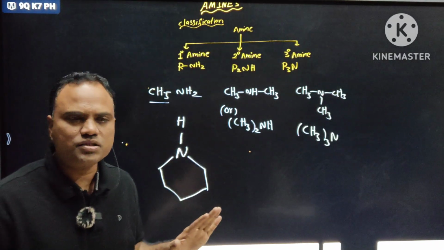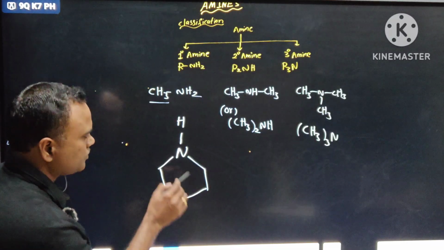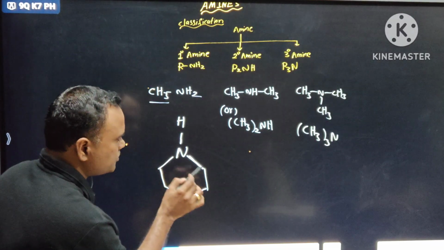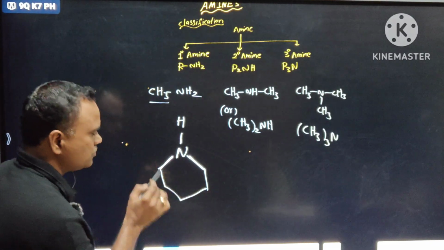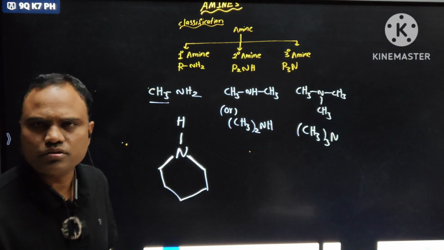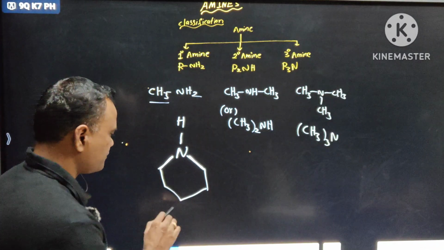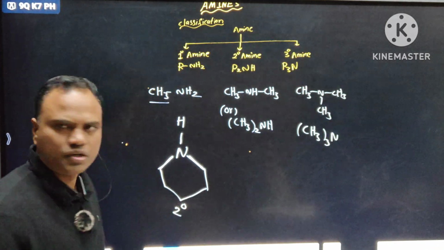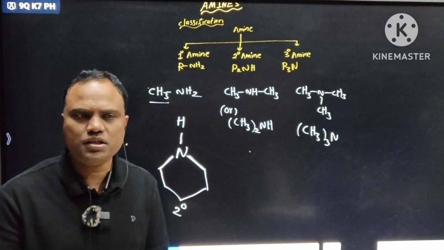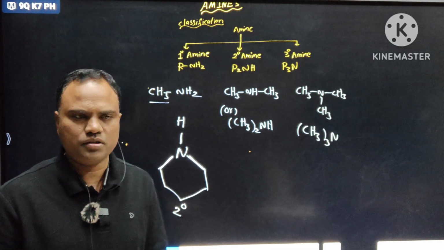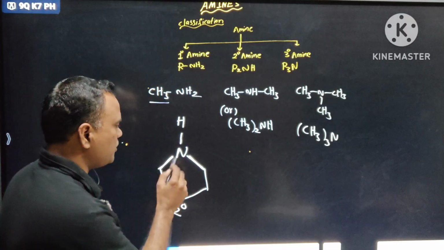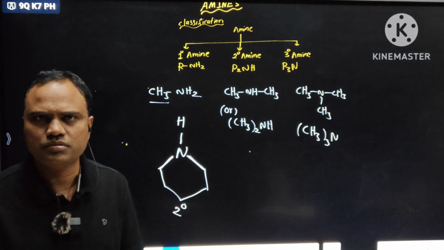Hydrogen is not considered as a group. How many bonds are present around nitrogen? 1. So this is 2 degree amine. Identifying the degree of a cyclic amine is also important, just see how many bonds are present around nitrogen.